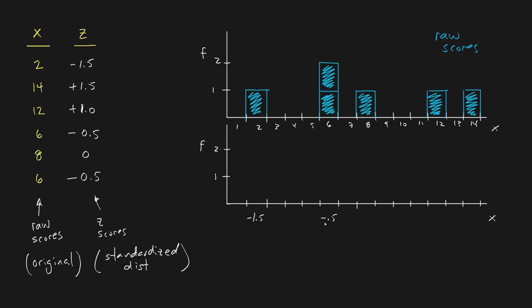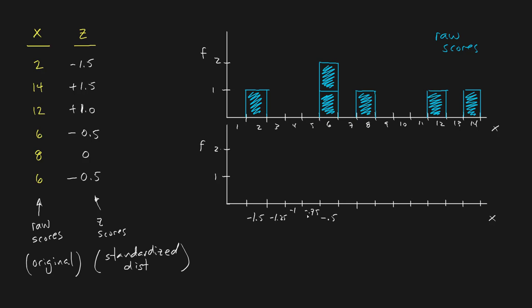And so between here and here, there are 1, 2, 3, 4 steps. And so that's going to mean that this is a quarter each time. So this is going to be negative 1.25, and this would be negative 1. I don't have a lot of space here. This would be negative 0.75.